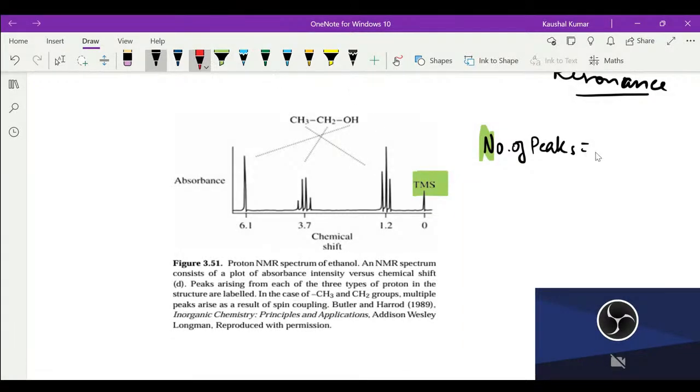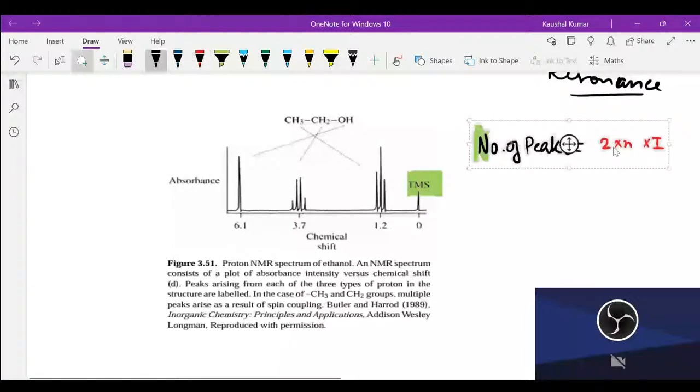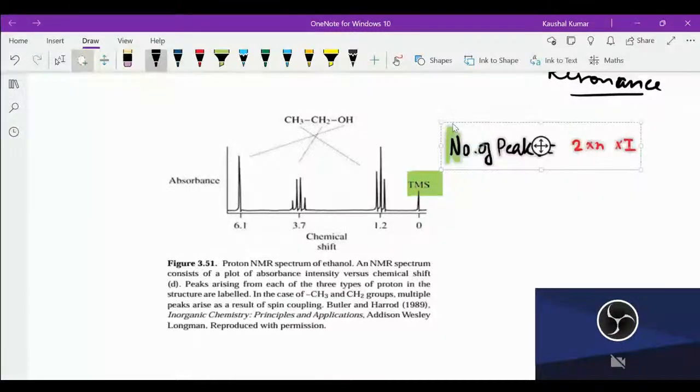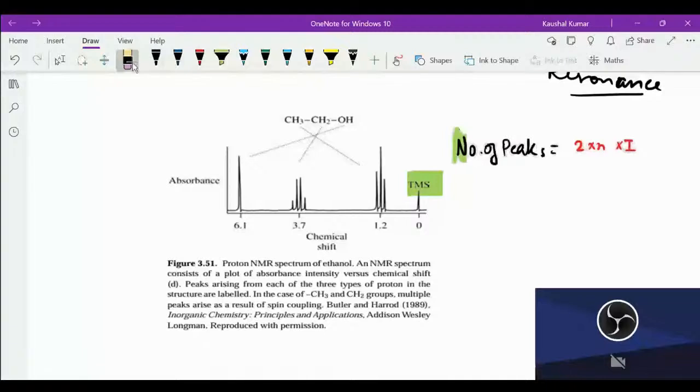The formula is: number of peaks is equal to 2 into n into I plus 1. This is your number of peaks.